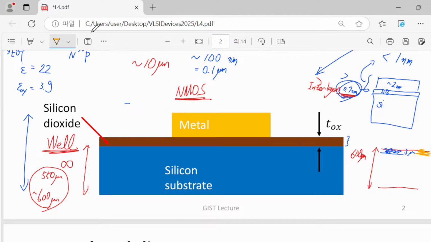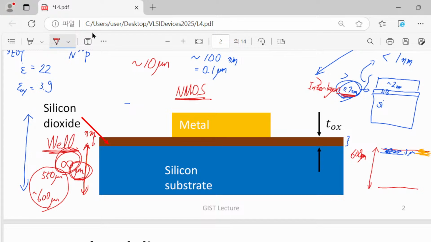Okay, but let's come back. So this thickness is not infinitely thick, but it is on the order of a few micrometers in reality. But on this scale, we believe that micrometer is thick enough, so we can treat it as just the infinitely thick case, because the length scale here is just nanometer.